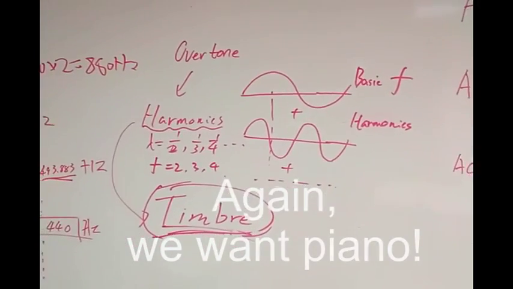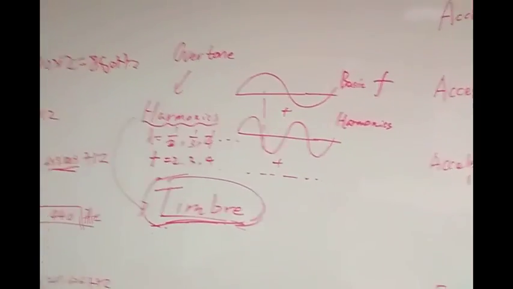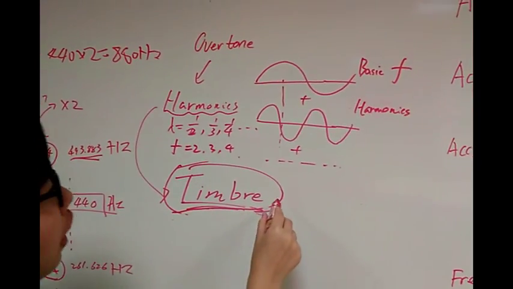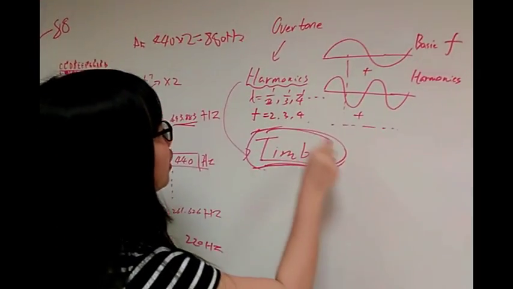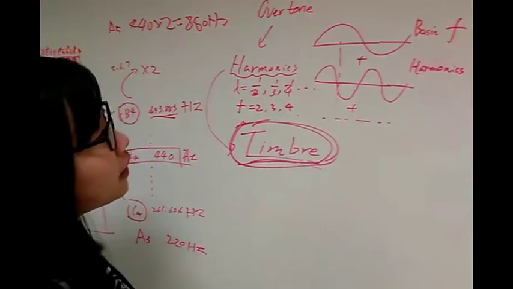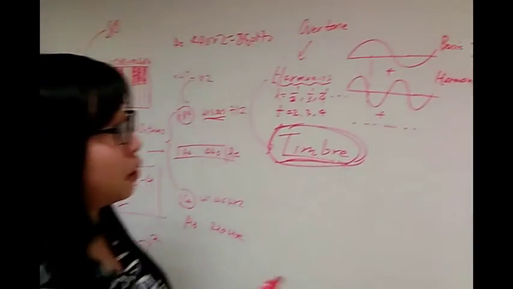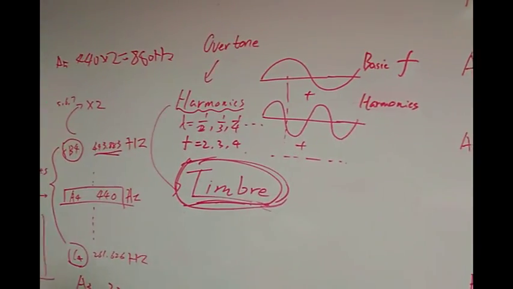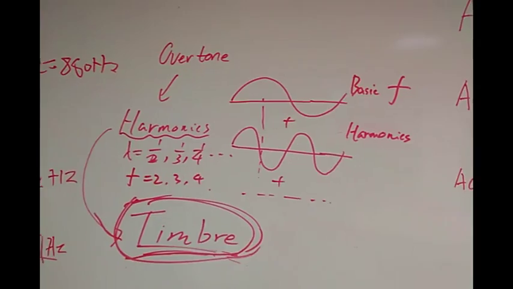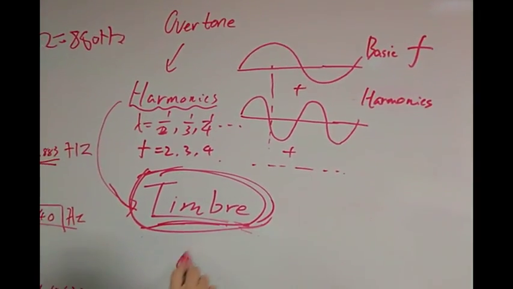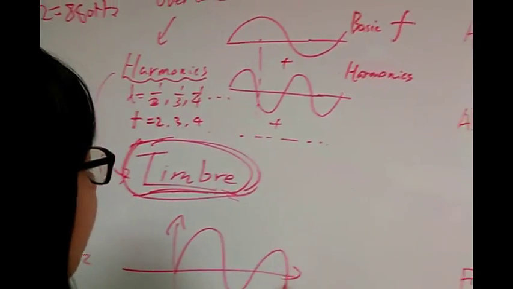Since we want to imitate the sound of a piano, the word for how a sound sounds is the timbre of the sound, which means whether the sound sounds like a piano or a whistle or anything else. The timbre is determined by overtones. In nature, no sound is actually a simple sine wave.